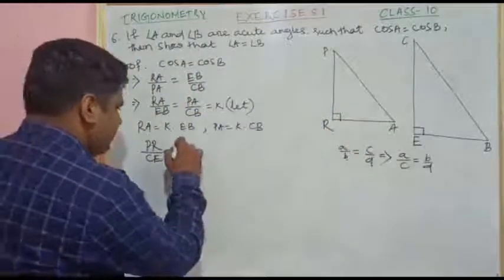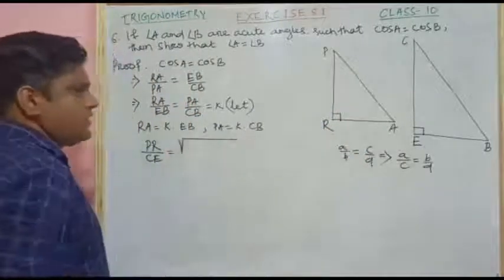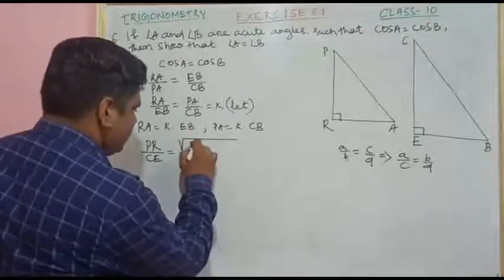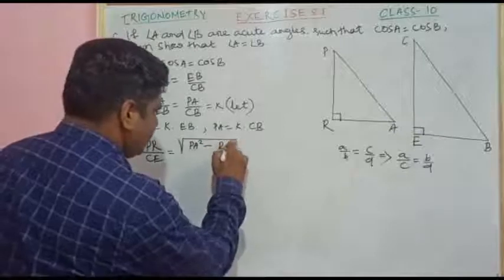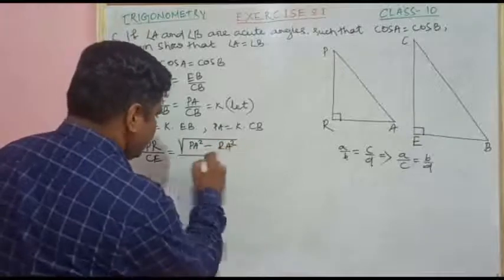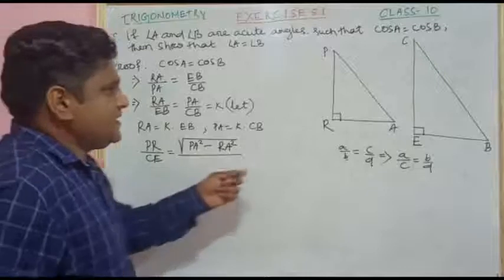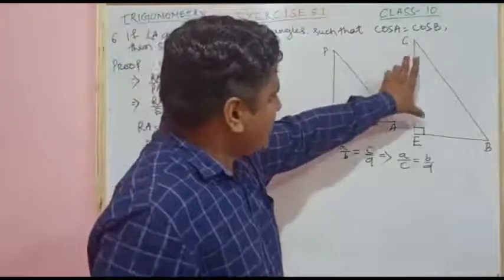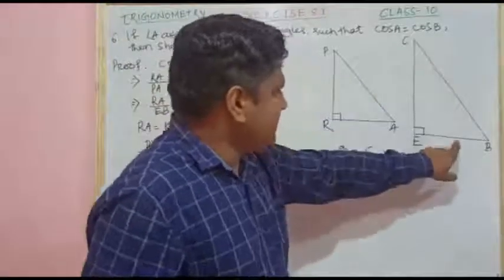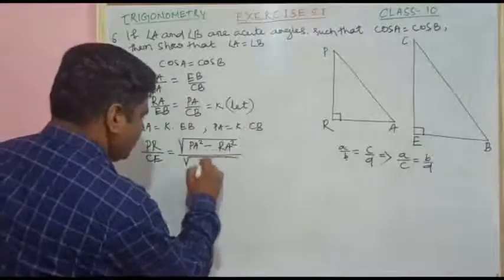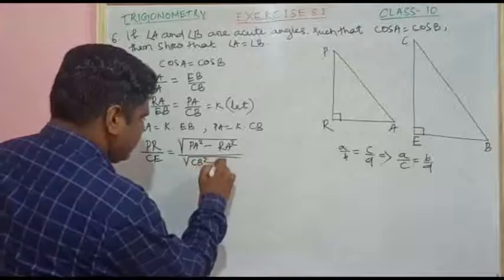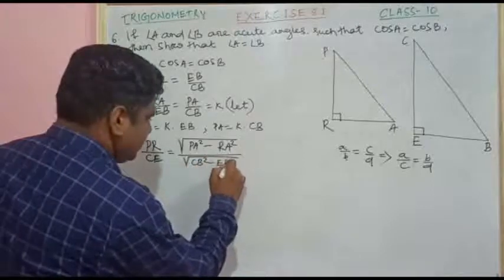It is root over of PA square minus RA square, divided by CE, which can be written as root over of CB square minus EB square.